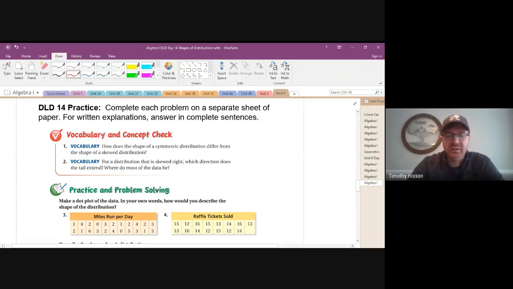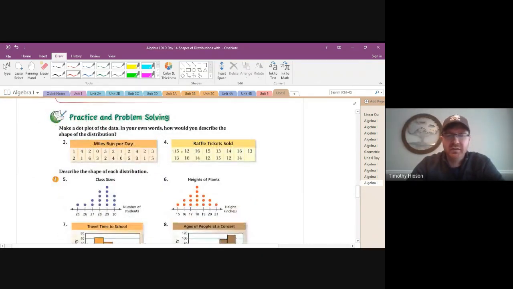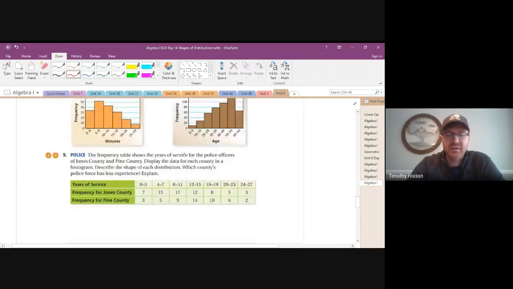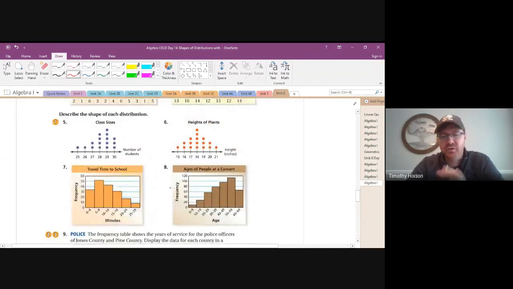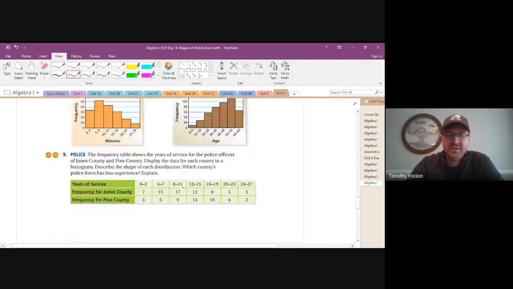And then down here, a couple of these, you need to make a dot plot of your own and describe the distribution. And then these other ones down here, these four, you're given the dot plot or the histogram. And then this last one, I split it into 3 separate problems on the Google form.